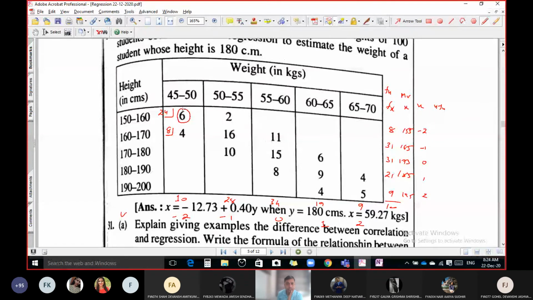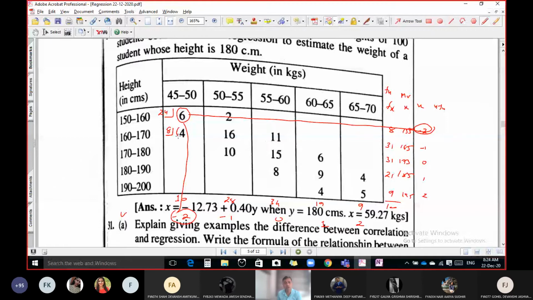This 6, then the value of u -2 and the value of v. So you have to multiply these three values, 6 into -2 into -2. So we get 24.